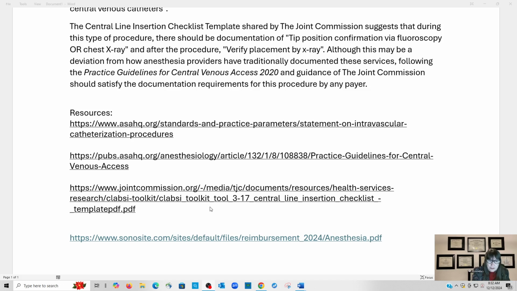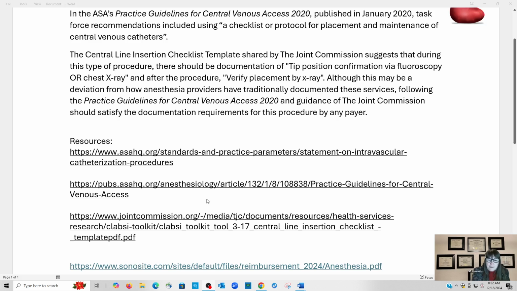I downloaded it in 2018 and shared it at a meeting somewhere. And then we do have some practice guidelines from the ASA. We have the standards and practice parameters that we're all probably more familiar with, but they're not as descriptive about the documentation as these other resources are.